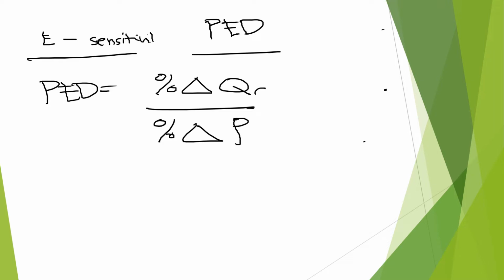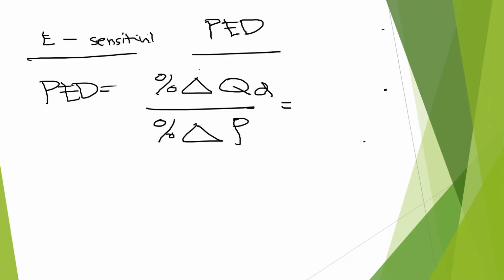Now, Q here specifically is quantity demanded. When we say percentage change, we're not just simply talking about the difference in the quantity or the difference in the price. We're talking about the percentage change in the quantity and in the price.